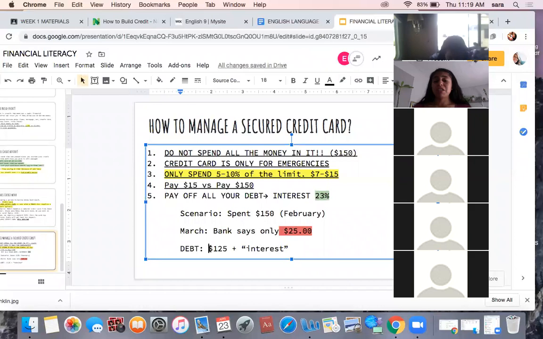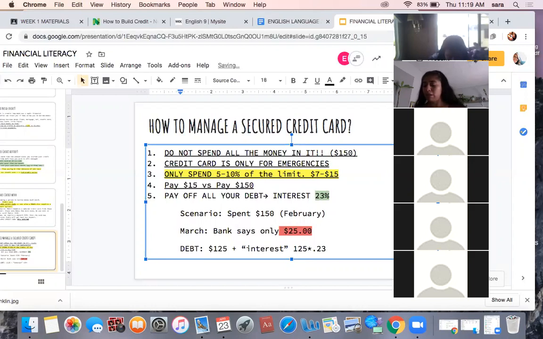Okay, so I'm going to teach you some super easy thing to do. Out of this $125, Ruby owes 23% of that added on to this 125. So what you do to calculate interest is you multiply 125 times 0.23.